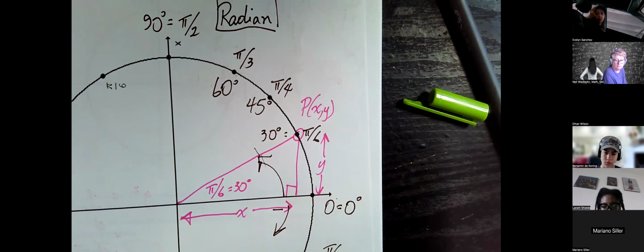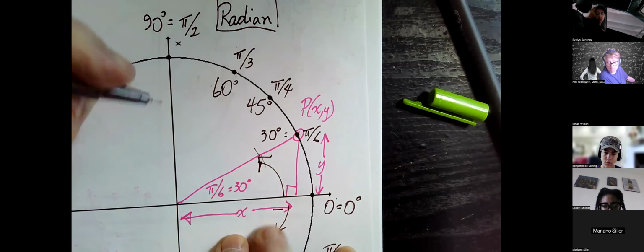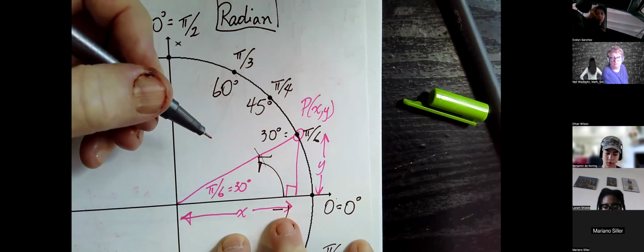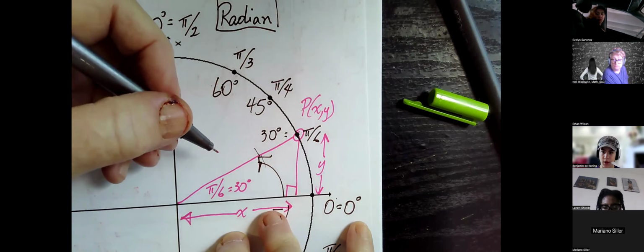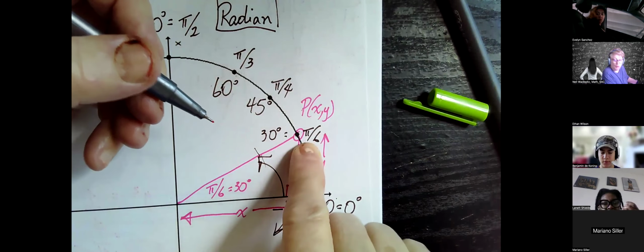Would it be the hypotenuse? Yes. What is the hypotenuse here? For the unit circle, it's 1. That's right.